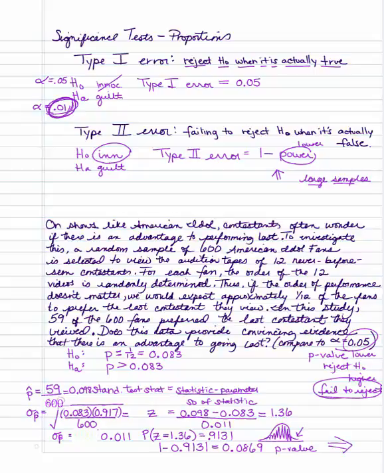So let's turn the page and write exactly the wording that we like to have on something like this. Since the p-value, you could state what the p-value is, is greater than alpha, and you could state that value as well, we fail to reject the null hypothesis.